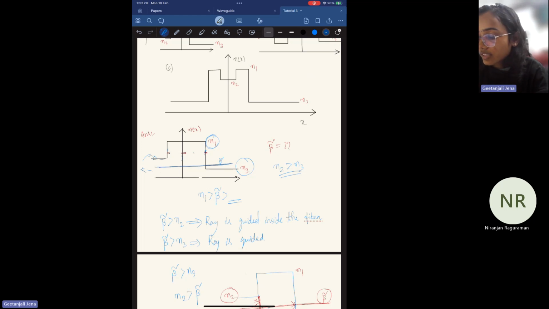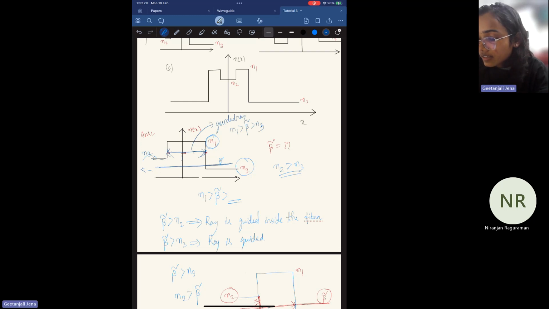Yes, it is smaller than N2 and it is greater than N3. Here, this is the core region. This beta tilde lies between N1 and N3, so that means there is a guided ray here.